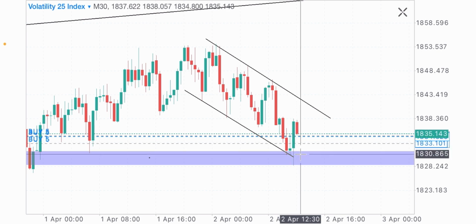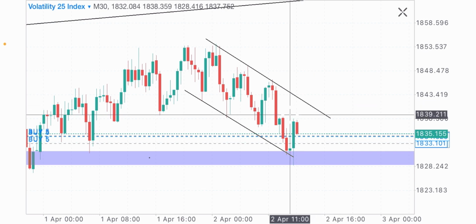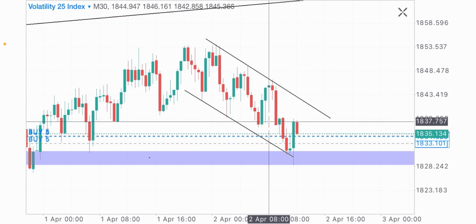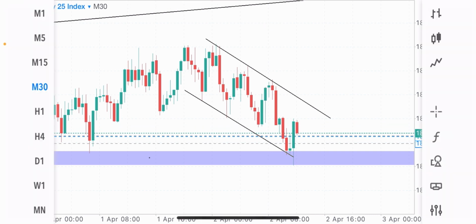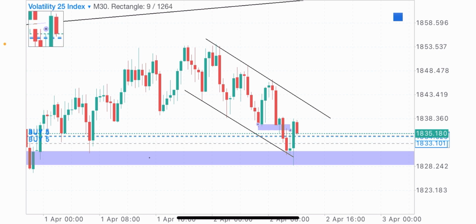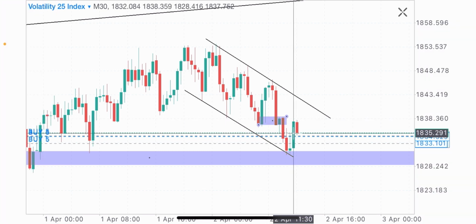Okay, so price is definitely going to want to come back into this other level. This level right here, this is a point where we were expecting a sort of turbulence in the market. Okay, at this level we're expecting a pullback, which is what is happening right now.